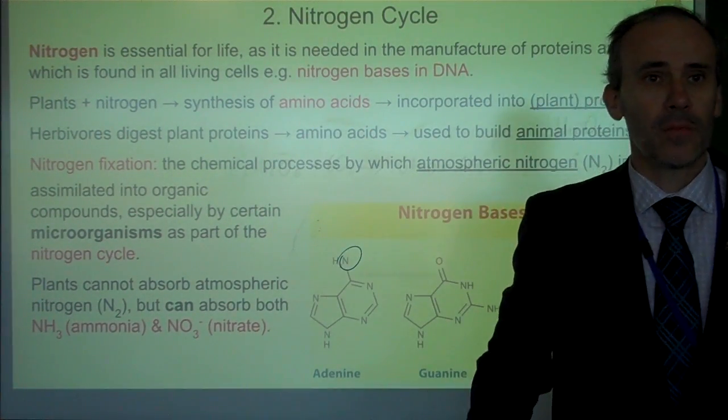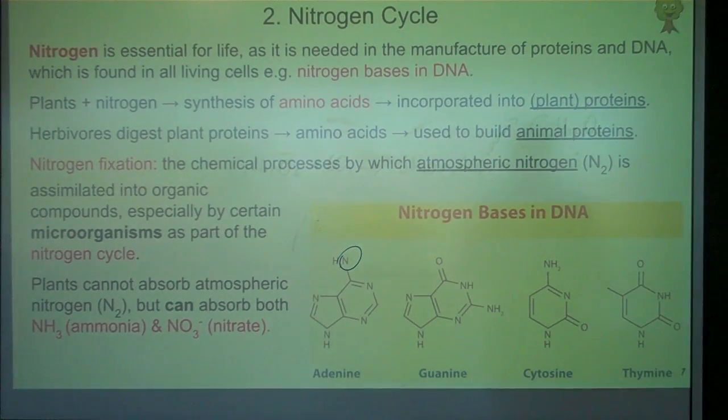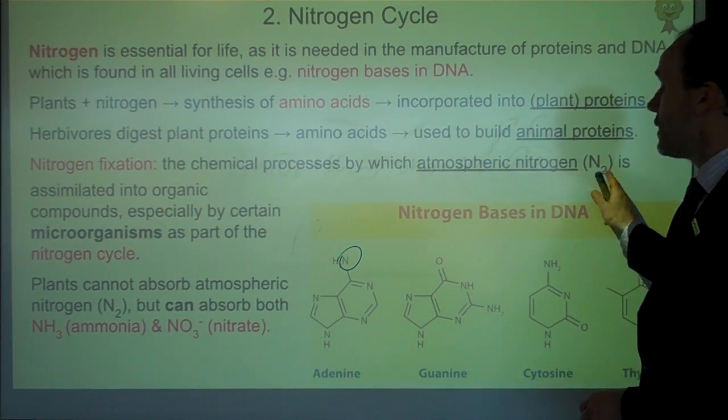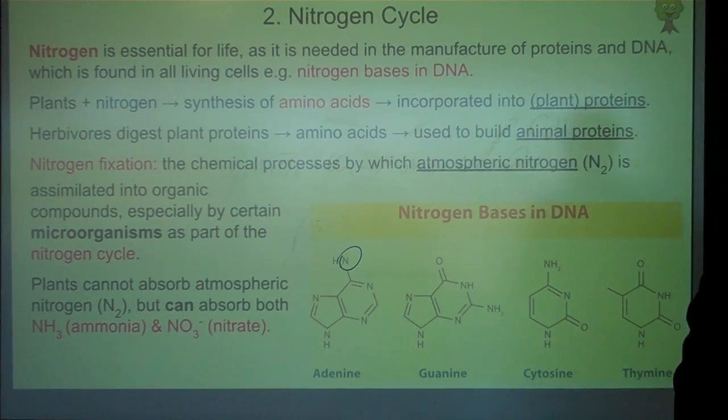Okay, so again, when the plants have access to nitrogen, not the gas though, they can't use the gas, and we'll cover that, then they go on to make tissues which then herbivores can consume and then carnivores can consume, and that's how the nitrogen gets into the cycle. Now, nitrogen fixation: N2 in the gas has that triple bond, that covalent bond.